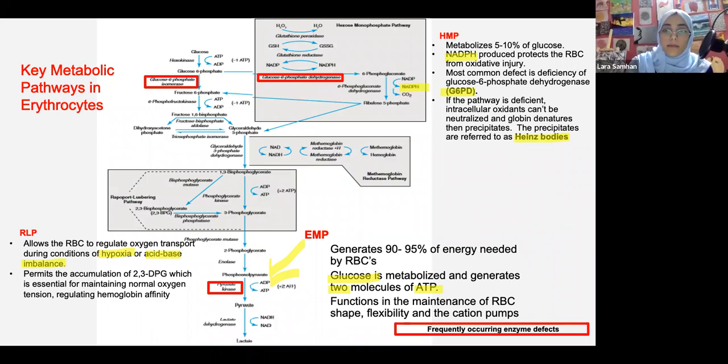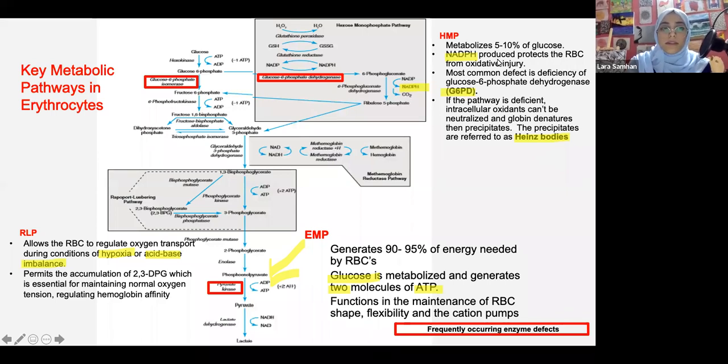So what if we have a deficiency in this G6PD enzyme? Then there is nothing to remove the free radicals, nothing to remove the oxidative stress that happens to the RBC. So we will have something abnormal in the RBC, which is known as the Heinz body. Once you see the Heinz body, know immediately that there is G6PD deficiency.